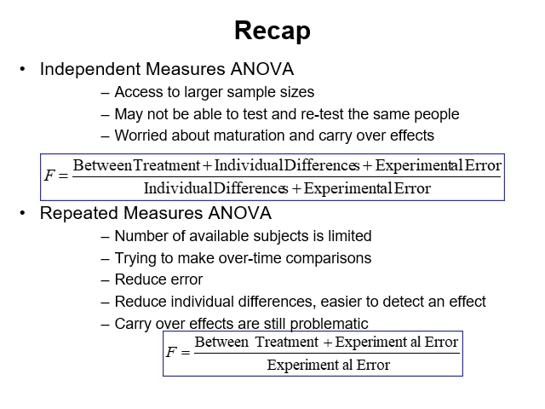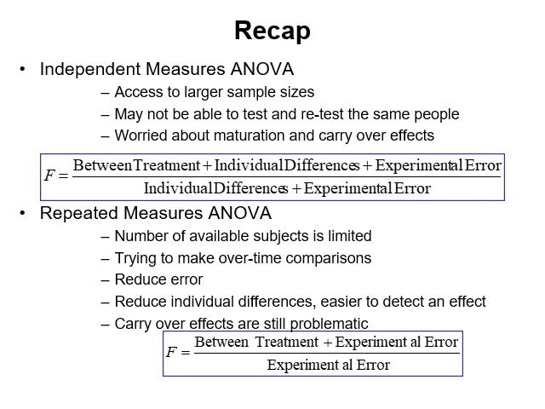So recapping, independent measures ANOVA, we have access to a larger sample size, may or may not be able to test or retest over time, or we're simply worried about the potential of maturation and carryover effects. And again, we're going to have to estimate the individual differences on the top and the bottom of the equation. With a repeated measures design, the number of available subjects may be limited. We may be trying to make over time comparisons.